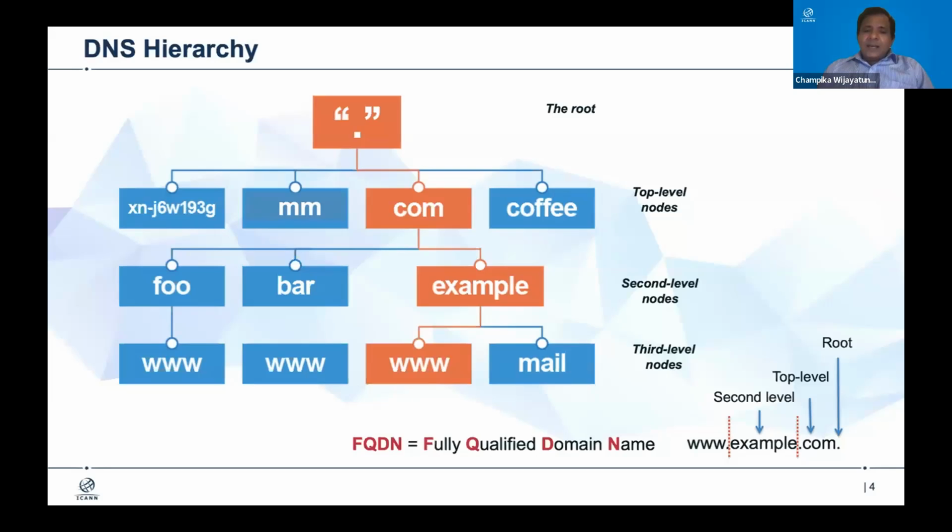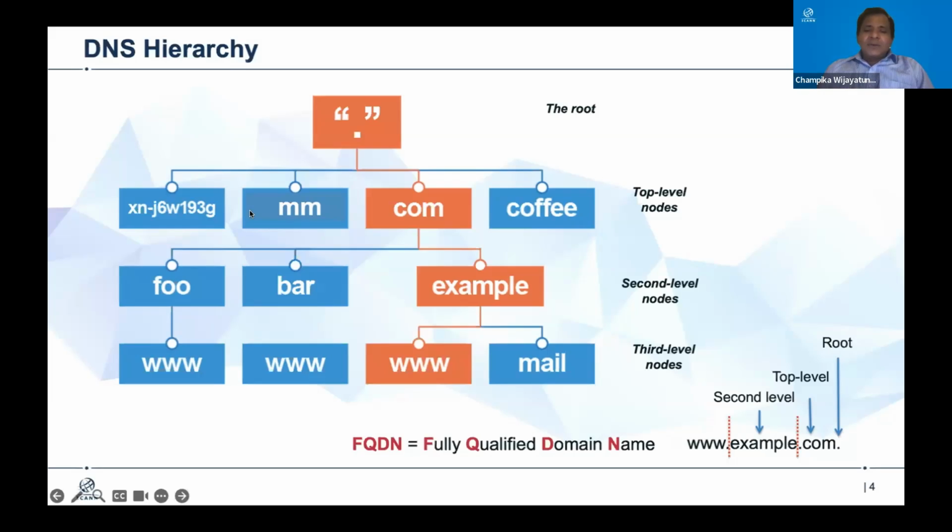Once you give that part to another party, you still need to have some administrative space to make sure that those delegations are recorded. That administrative space is what we call a zone. In DNS, we use this term zone quite often, but simply you can consider a zone as an administrative space.